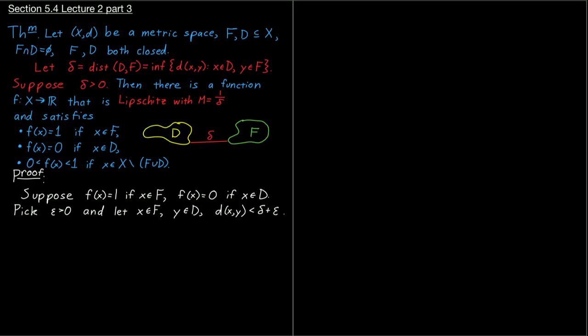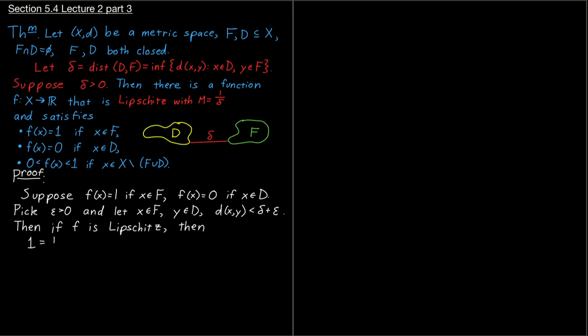Actually, let's just make this epsilon. Then if f is Lipschitz, then we can write out this long chain.